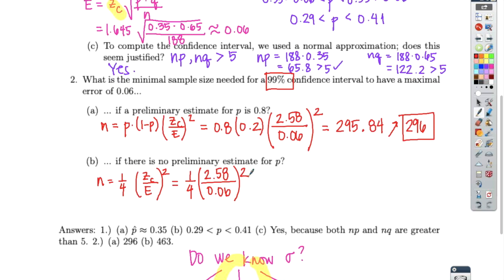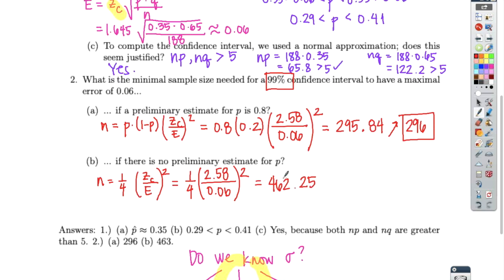So plugging this in, I get 462.25. And my question, if we were all in class right now, would be, should I round this down to 462? Because obviously if it's a 0.25, it would round down. So maybe my sample size should be 462.